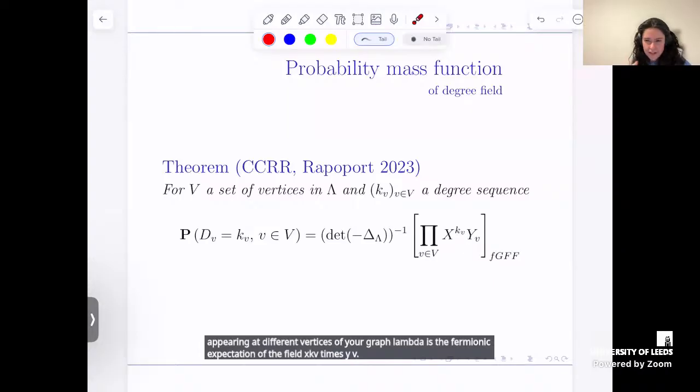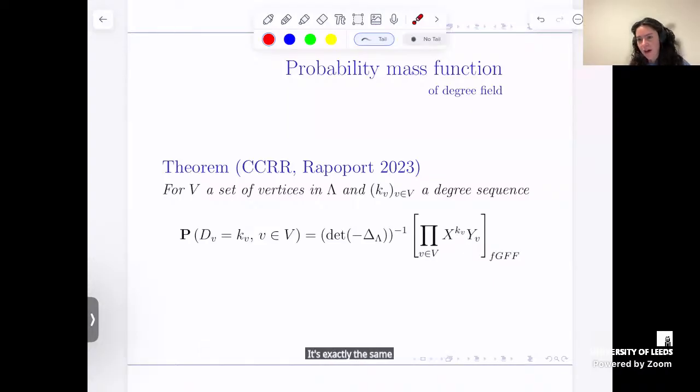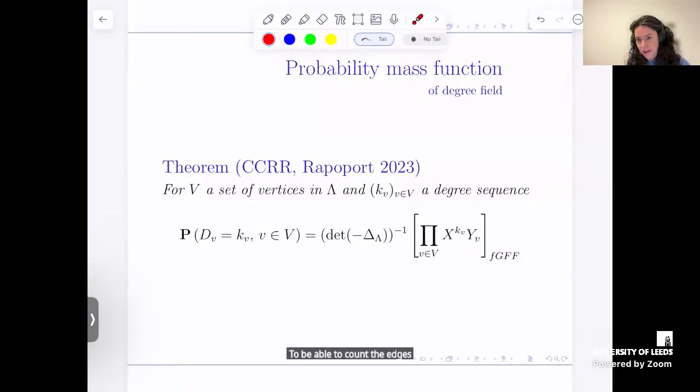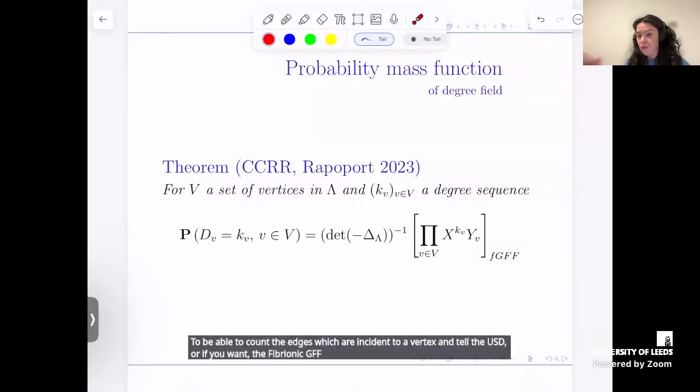It's exactly the same thing that I was doing before for the height one. And again, here, for this result, I should mention it, probably there is no need to really be on ZD. In fact, you just need to be able to count the edges which are incident to a vertex and tell the UST, or if you want, the fermionic GFF, include those, exclude the others.